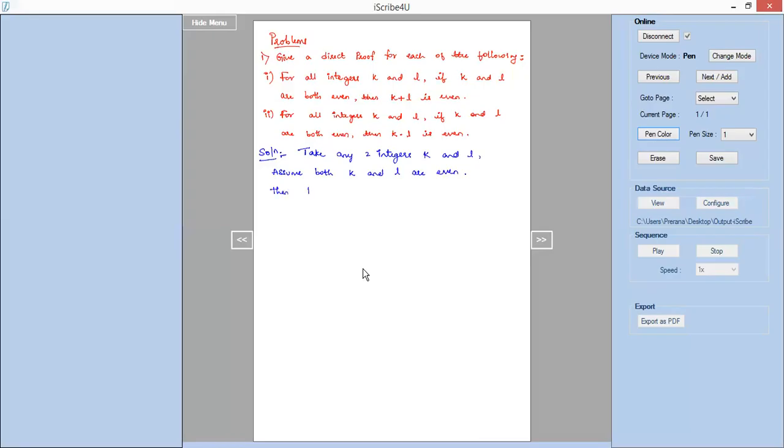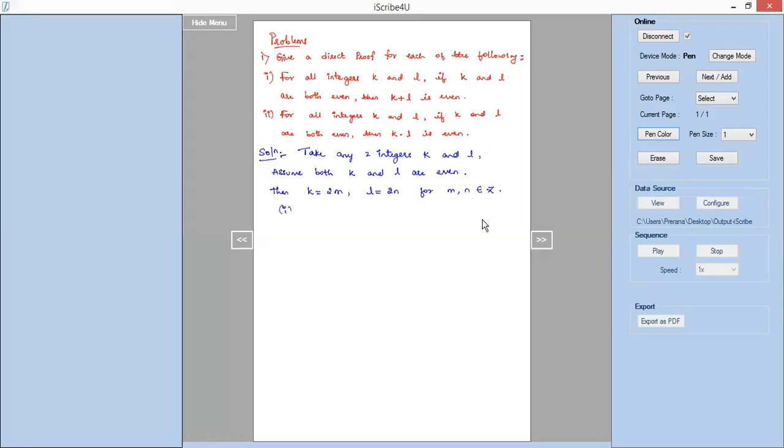Then k can be written as 2 into m, l can be written as 2 into n for m and n belonging to the set of integers, that is Z. Now for the first case, we have to prove that k plus l is even, and for the second case, we have to prove k into l is even. So let us perform one by one.